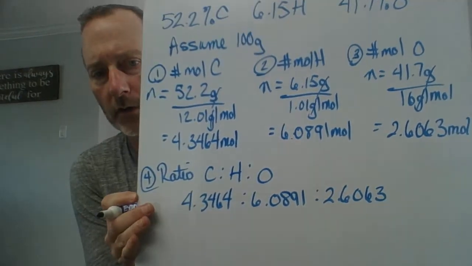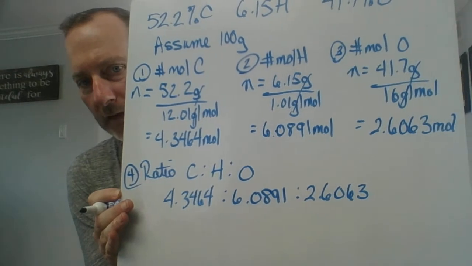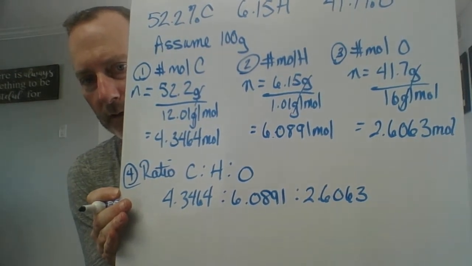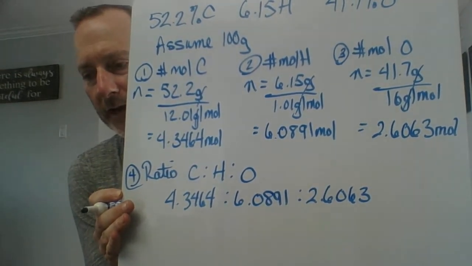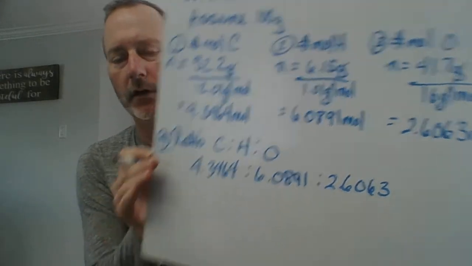Here's my ratio. All I did was take the number of moles that I got in each of the steps 1, 2, and 3. And now I'm going to divide by the lowest value. So the lowest value is 2.6063.